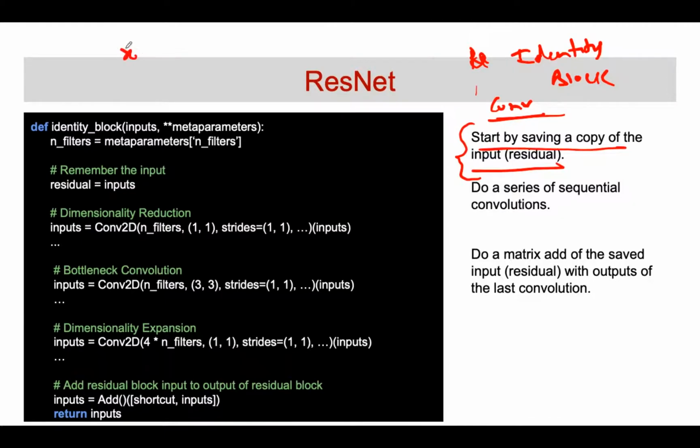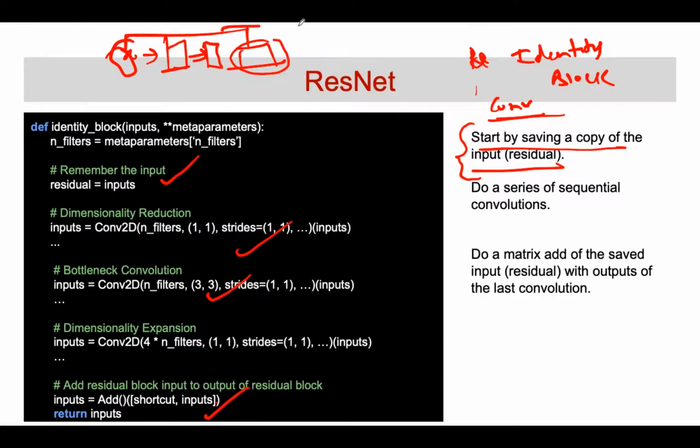I'm just copying this, I need to add it to the other layer, right? So I need to copy it. So input residual bottleneck, then I have written the add to shortcut. This is where I am adding the shortcut, the shortcut identity block.